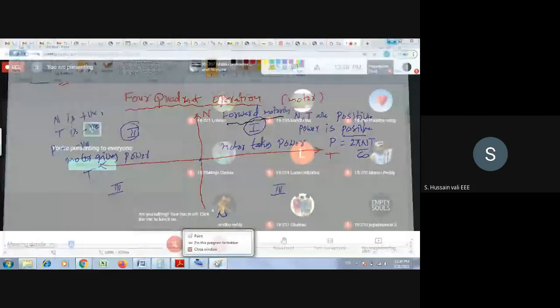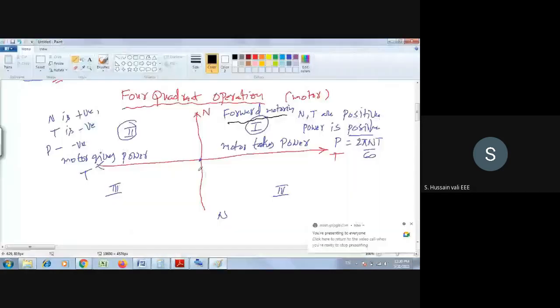So now you see the second quadrant in which the motor gives power back.